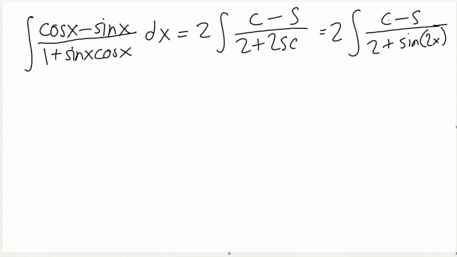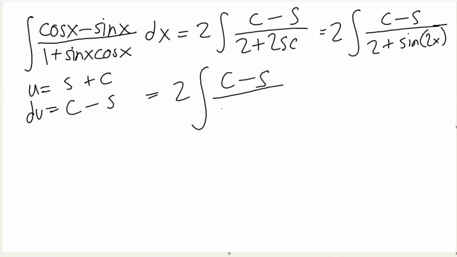Now, notice that cosine minus sine of x, I want that to be my du. If du is going to be cosine minus sine of x, then I would want u to be what? Sine plus cosine. This is how you determine whether you need 1 plus sine 2x or 1 minus sine 2x. So now I see that we need sine plus cosine, so I'm going to need a 1 plus sine 2x. Perfect.